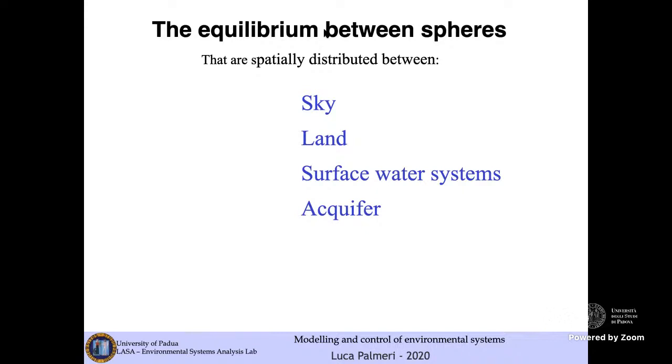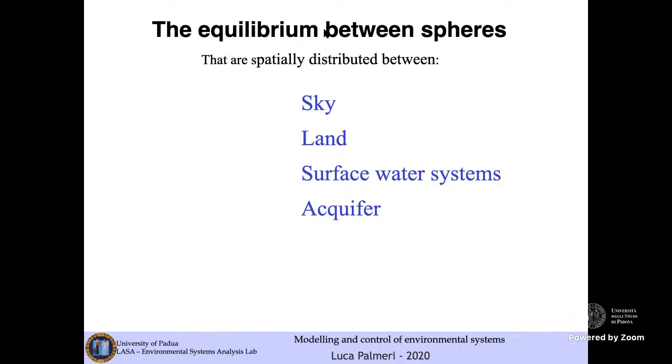In order to do so, we shall introduce the first composition of the ecospheres, so of the description of the situation on the surface of our planet, in terms of different ecospheres.